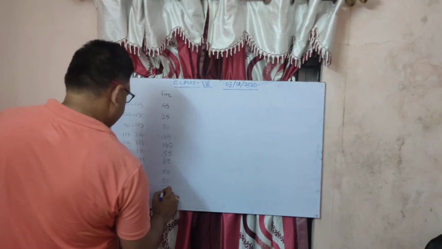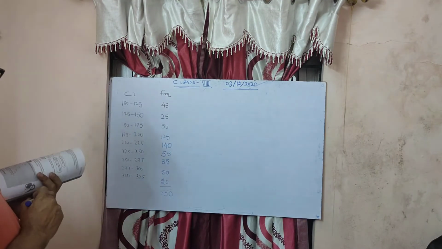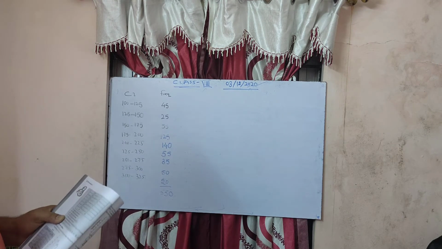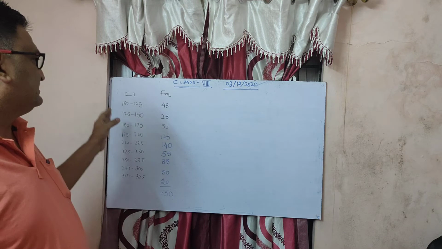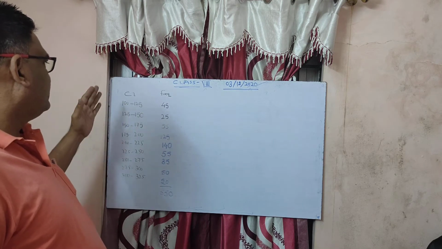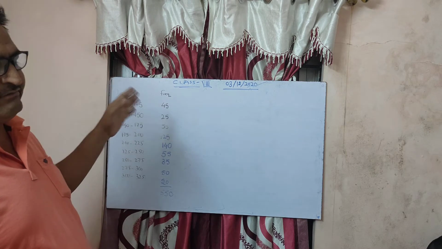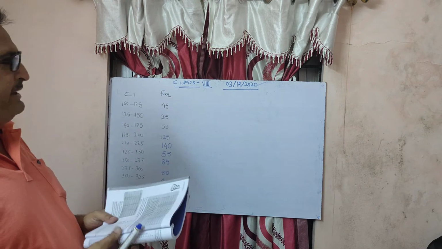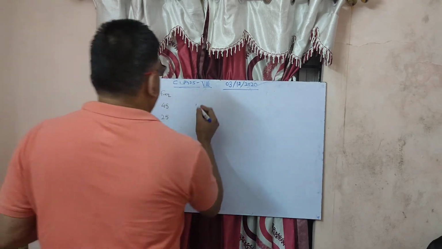Total is 550. Now, they have not given the tally marks. They have directly given the answer. Now they have prepared a frequency distribution table. In that, class interval is there, frequency is there. Now, based on this table, there are questions. What is the first question now? Let us see.